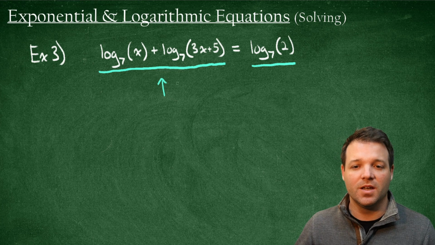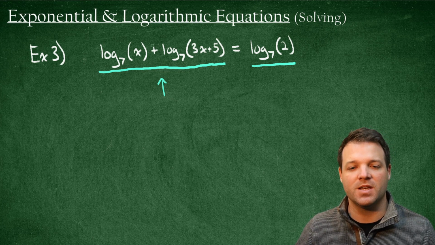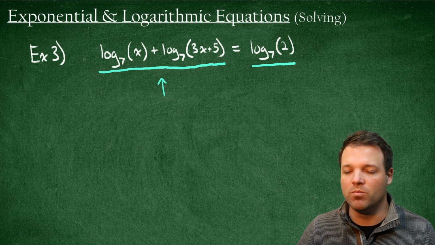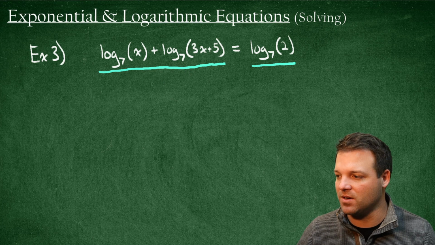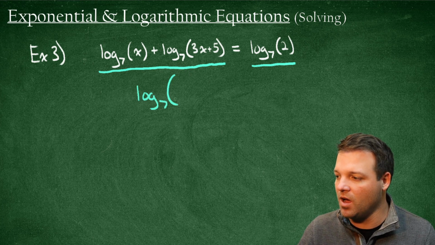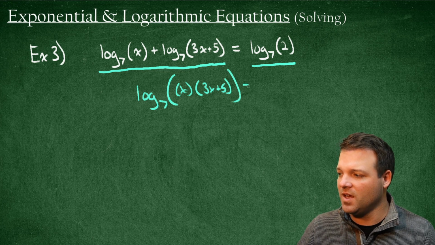Well, luckily, through exponential and logarithmic properties, if I have the addition of two logs that have the same base, then I can combine them by multiplying the insides together. So that means the left-hand side will be log base 7 of x times 3x plus 5, and that's all equal to log base 7 of 2.